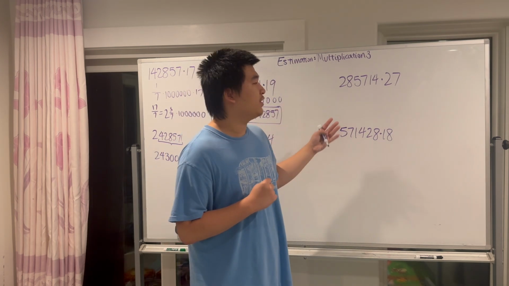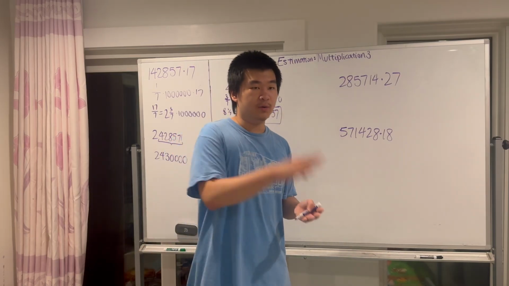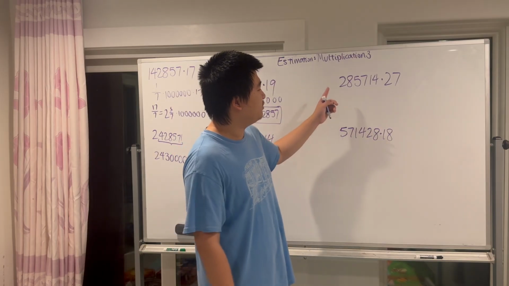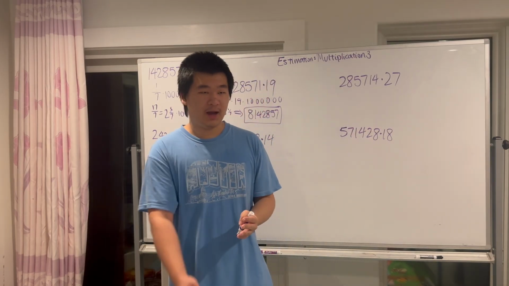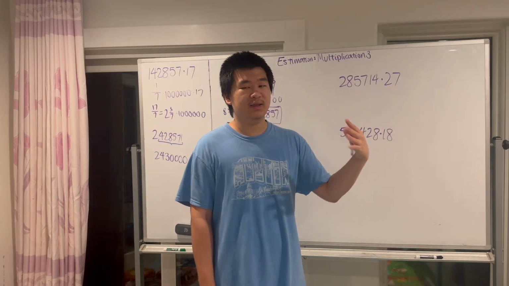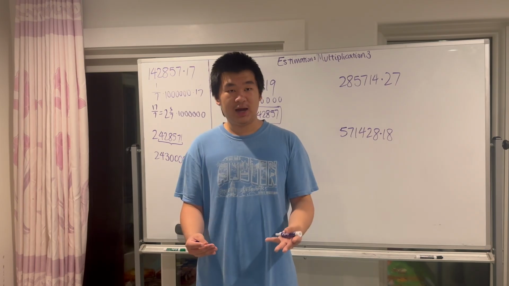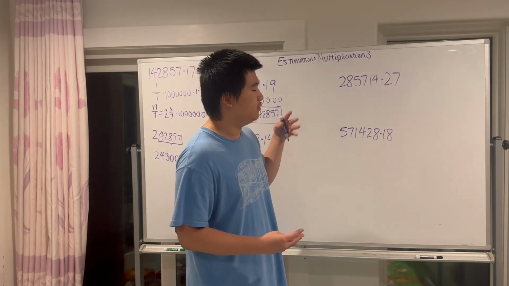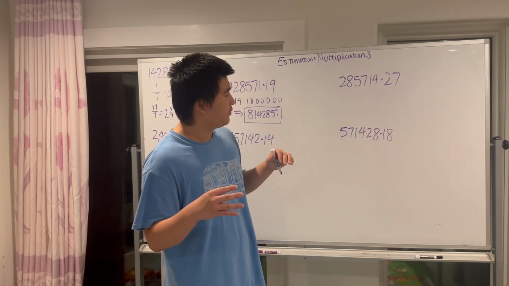I want to note here actually that you could use what we learned in multiplication 1 here. If you wanted to round this to 280,000 and then multiply that by 27, you could absolutely do that. Or round it to 290,000 and then multiply that by 27. If you find that easier, you can definitely do that. But personally, I would just use x over 7 when I see these kinds of questions.